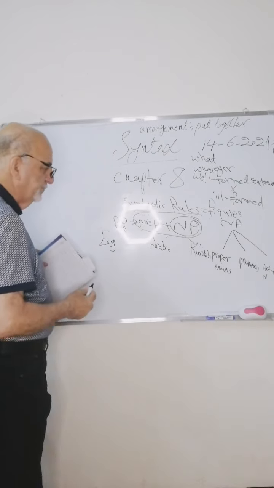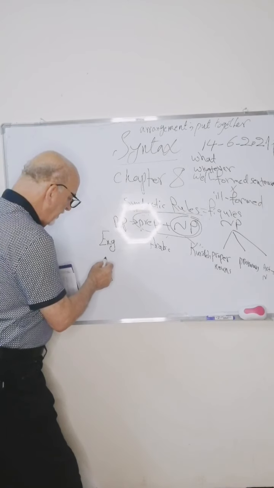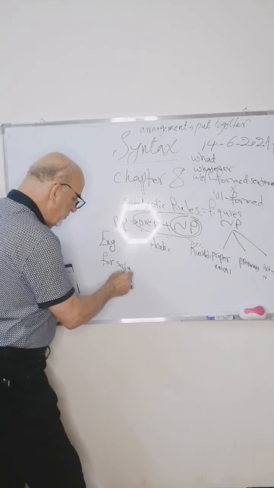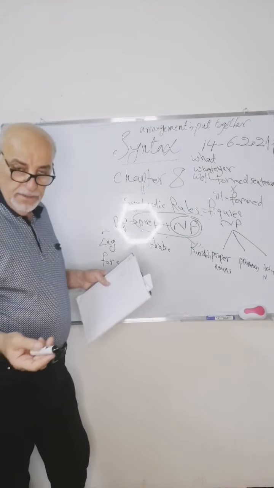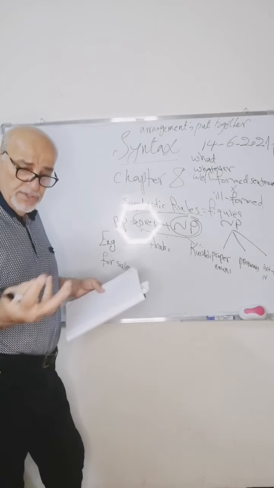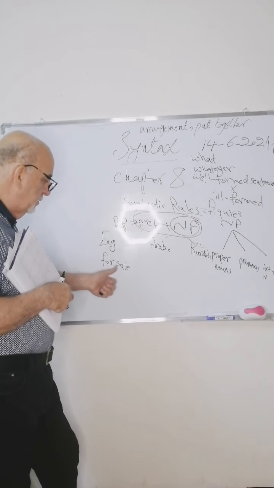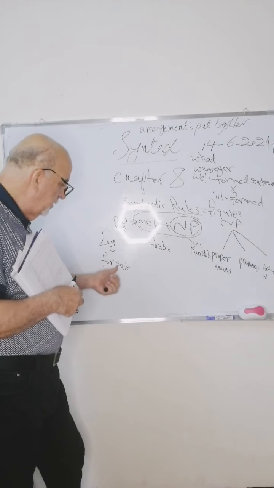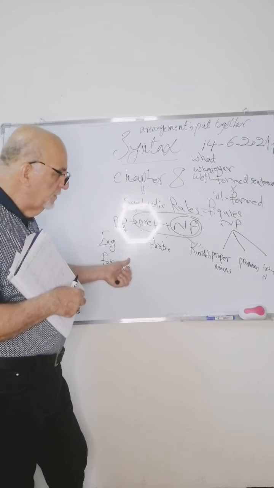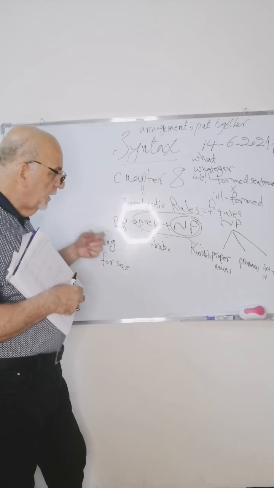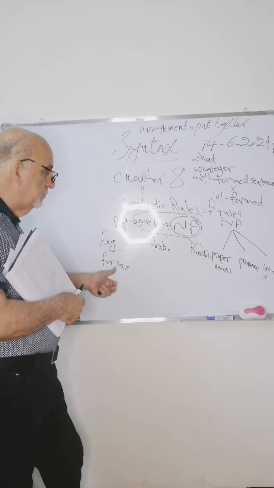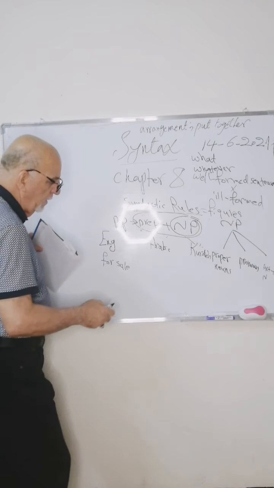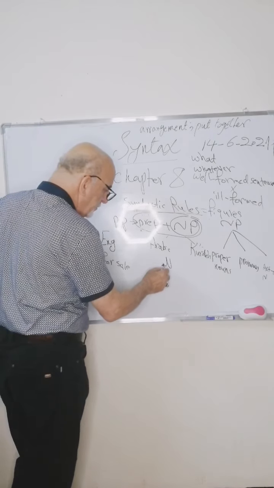So now when I say "for sale", this is a prepositional phrase, "for sale", a noun. In Arabic what do I say? للبيع.